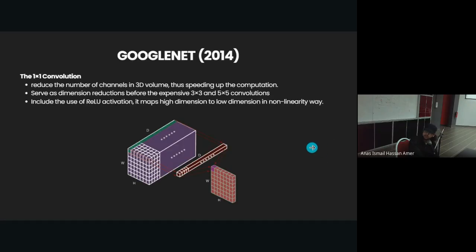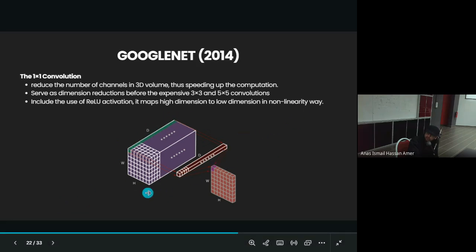So let's explain a bit what they did. First of all, this 1-by-1 convolution. This is achieved by reducing the number of channels in the 3D volume. What they want is to take one raw pixel value, and then perform the convolution lengthwise so that they obtain one pixel.